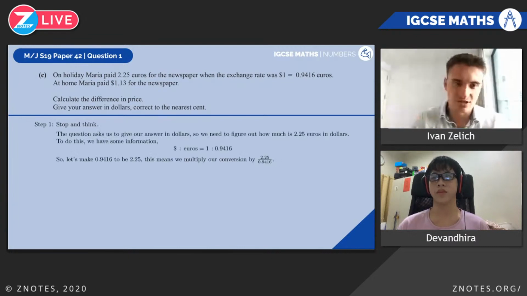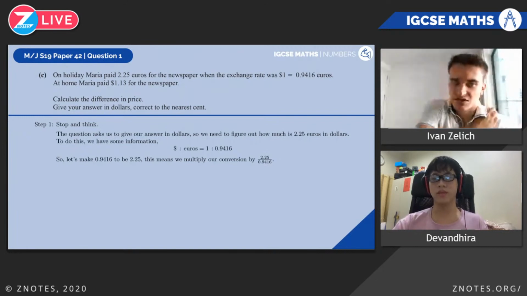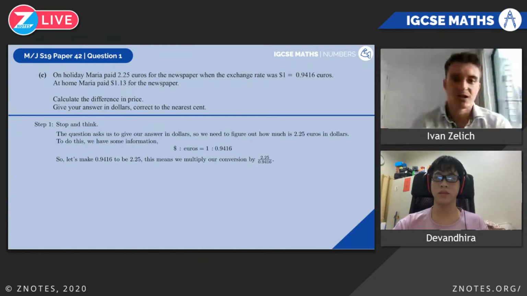So as always, we will step back and figure out what we have to do. In these sorts of problems, it's also good to figure out roughly what the answer should be. This question asks us to give our answer in dollars. So we need to figure out how much is 2.25 euros in dollars. That's the first thing we should do. And to do that, we're given a ratio.